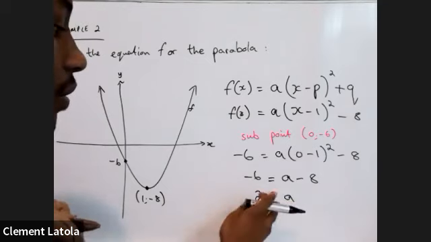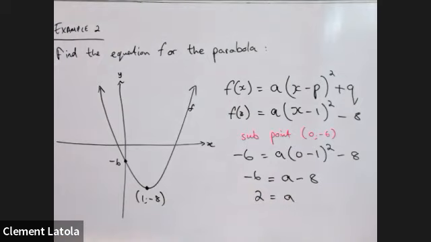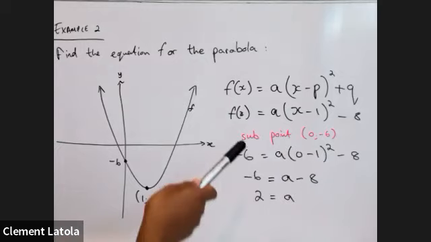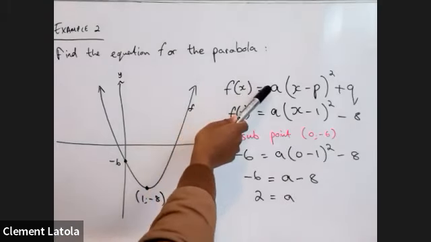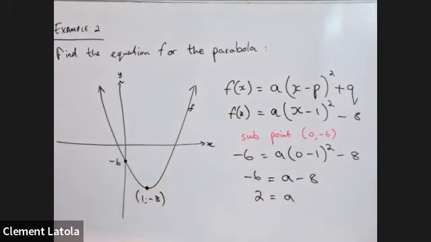So a is equal to 2. Perfect. Now you actually know what the equation of your parabola is. It's going to be f(x) is equal to 2(x minus 1) squared minus 8. That's the equation of the parabola. Let me just write it out in full.